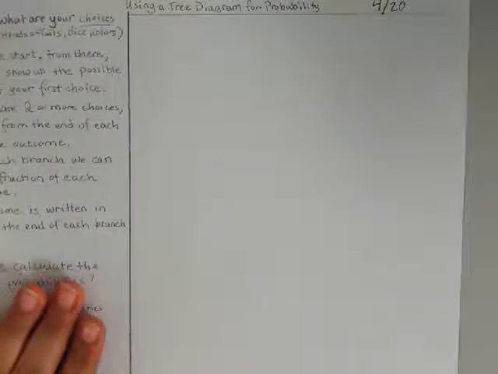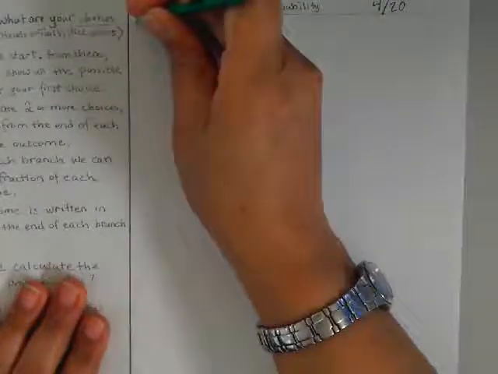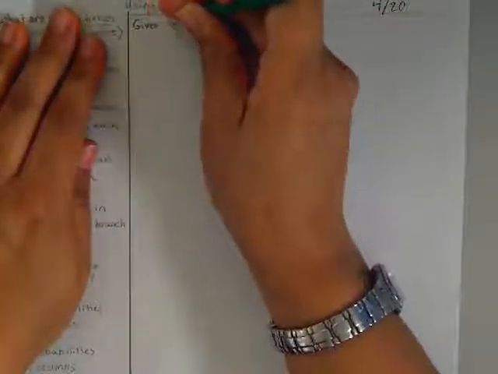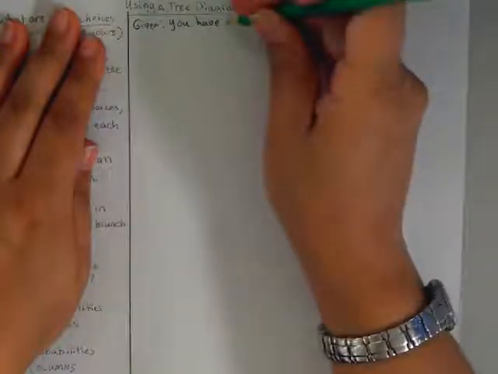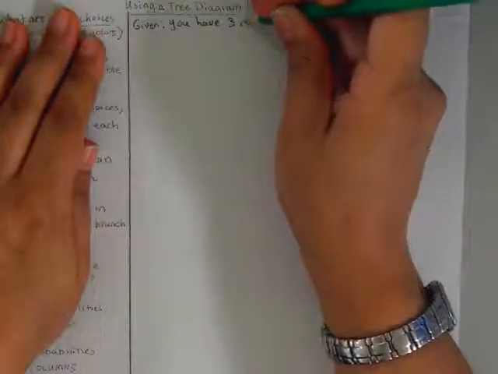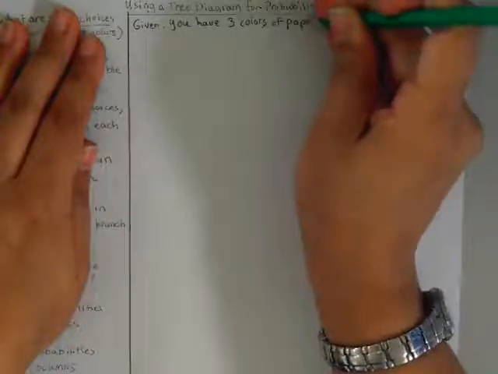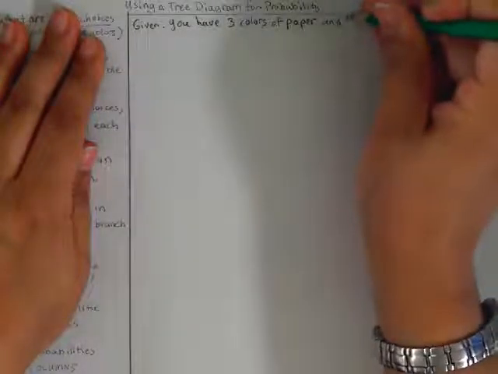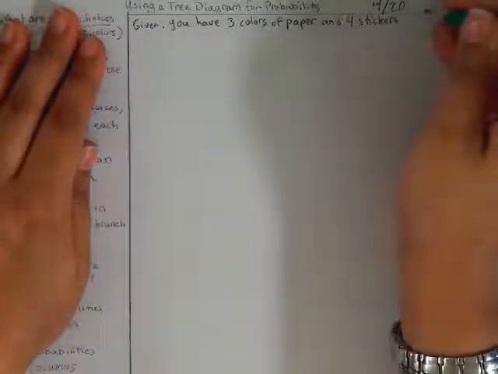So, to start out, we need to have a question, a problem, and I'm going to give you one. Given you have 3 colors of paper, and 4 stickers, and I'll let you know what those colors of paper and what the stickers are.